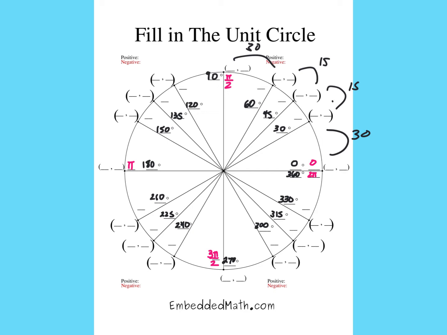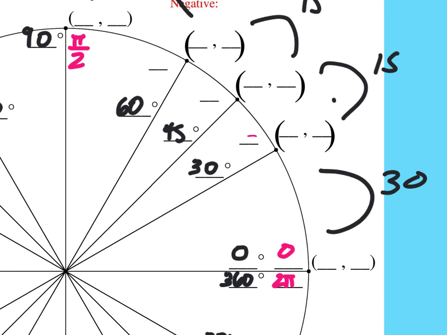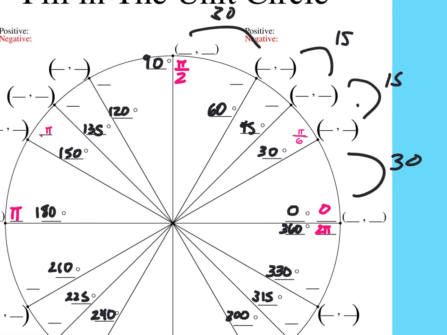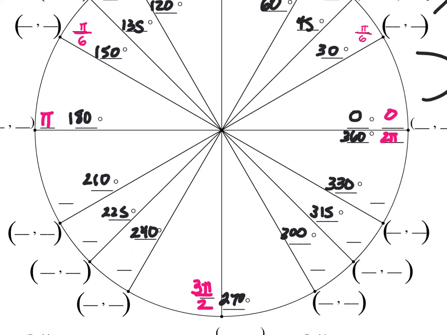Now here comes the next pattern. Every angle closest to the x-axis, so just above it, just below it, is over 6. So I'm going to make them all pi over 6 for now, and then I'm going to come back and fill in the ones that need to be changed.